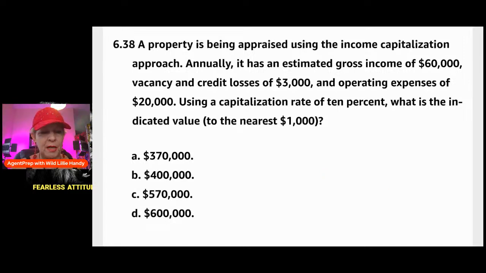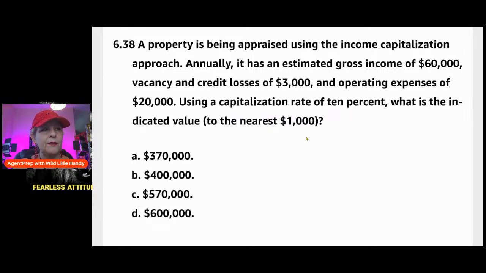So how will you calculate this? You take your income minus your expenses, minus the losses. So 60 minus 20 gives us 40, minus 3 gives us 37,000. And it says we have a capitalization rate of 10%.